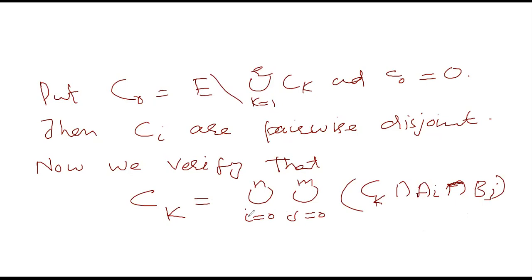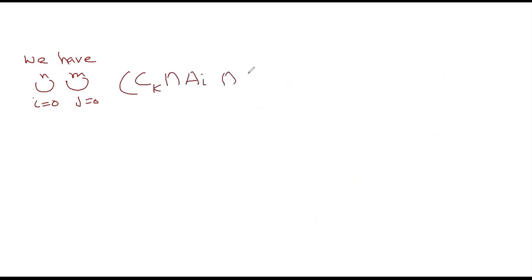So to verify this, let me expand this union here, and I will show that after expanding this union, it is equal to Ck. So we have the double union, i runs from 0 to n, union j runs from 0 to m, of Ck intersection Ai intersection Bj.